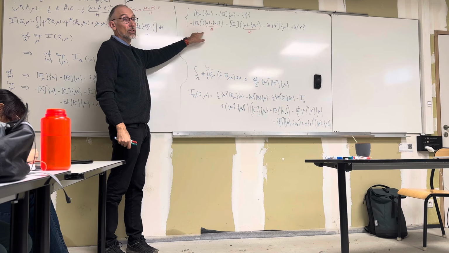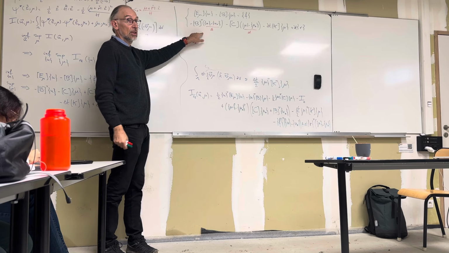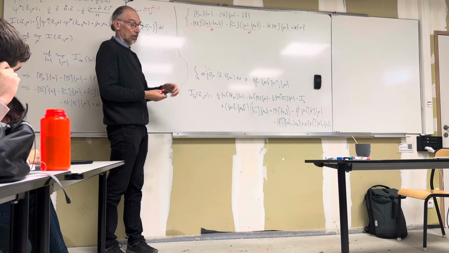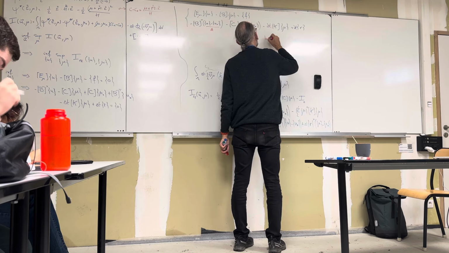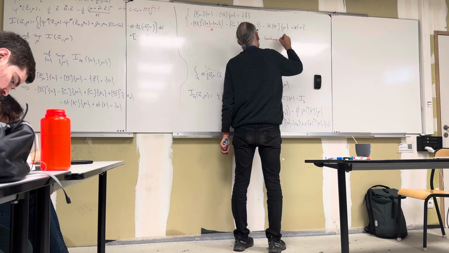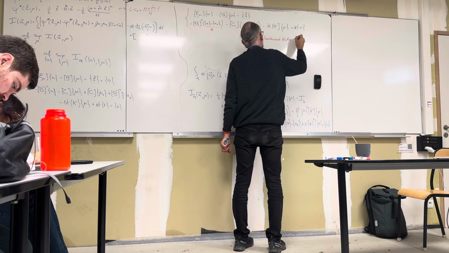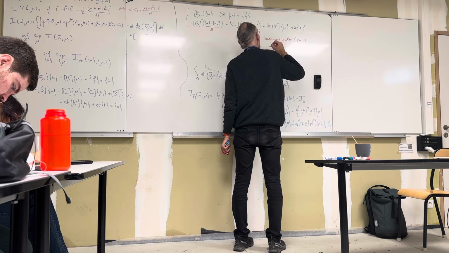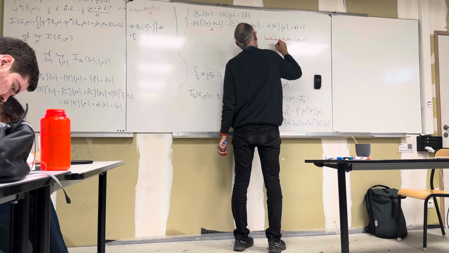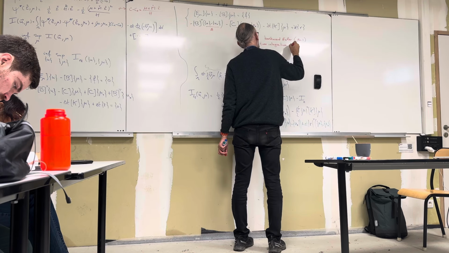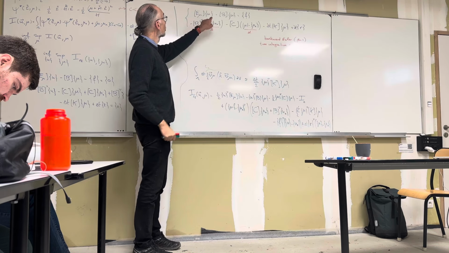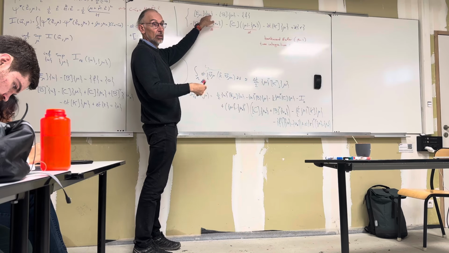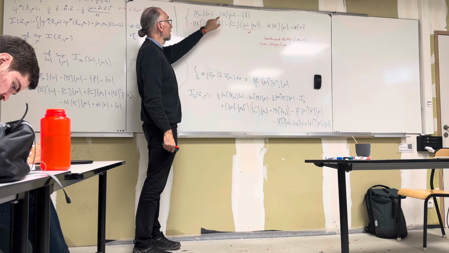In terms of time integration scheme, this corresponds to a fully implicit, or backward Euler, scheme. Because this is supposed to be n plus 1, the value at the end of the time step.